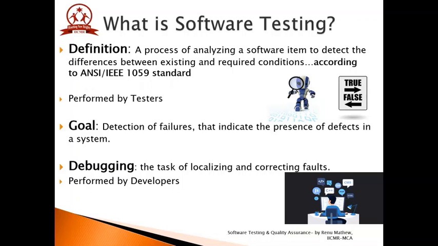Debugging is a task of localizing and correcting faults. It involves identification, isolation, and fixing of problems or bugs or defects. It is developers who code the software who conduct debugging upon encountering an error in the code. So it is the developers who perform debugging. Testers only identify failures.